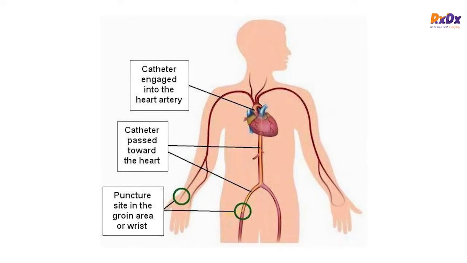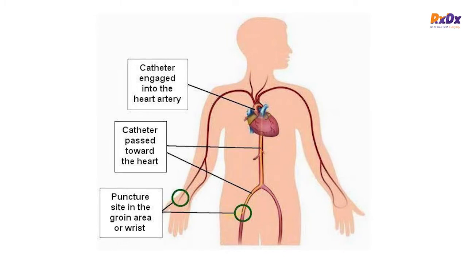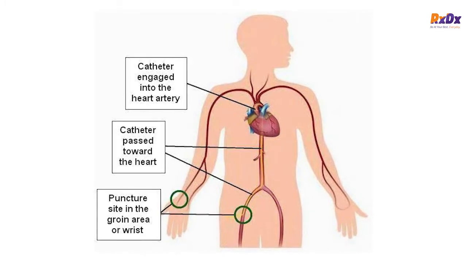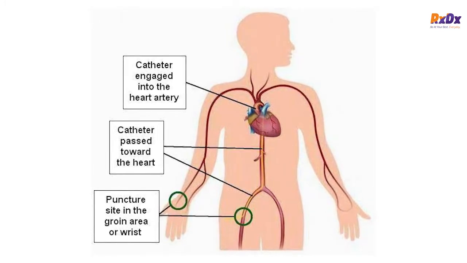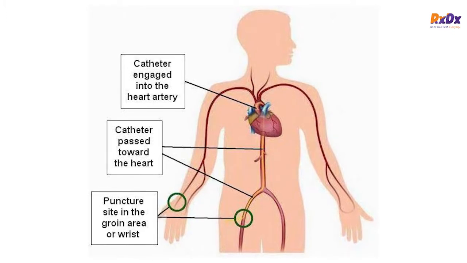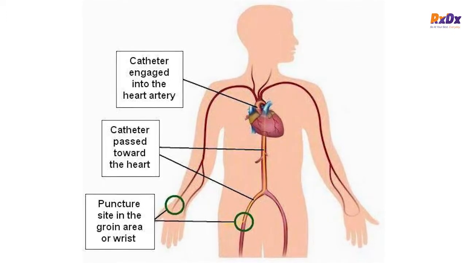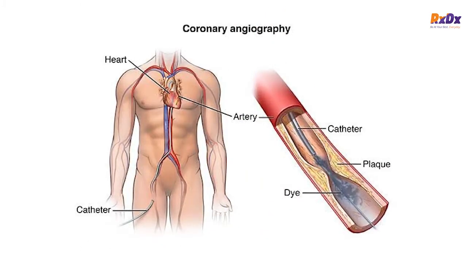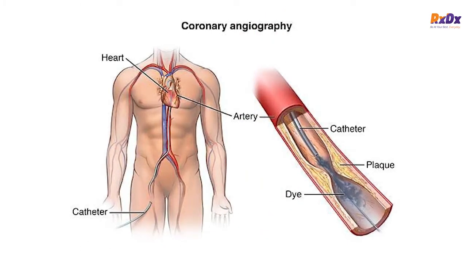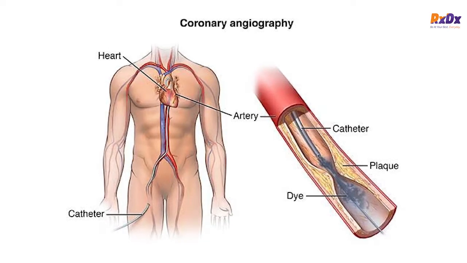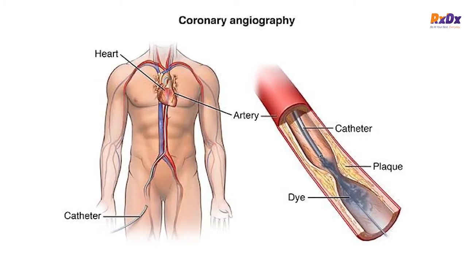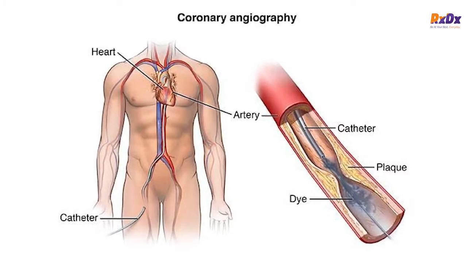It is an invasive procedure. We either do this from the wrist or from the groin, where we enter into an artery, pass a small catheter, which is a thin catheter or a tube, towards the heart, engage the coronary arteries, and inject a contrast or dye agent in order to look for blockages and to quantify these blockages in the heart.